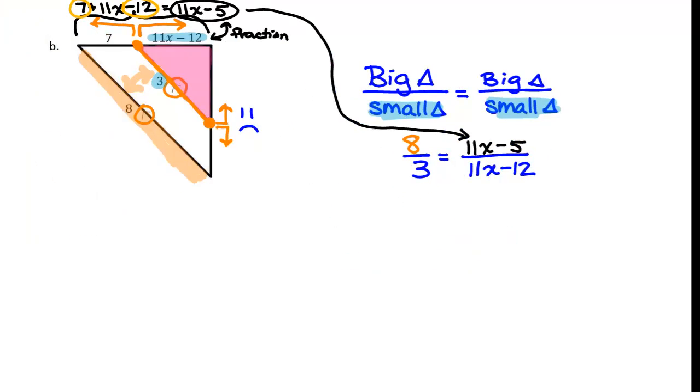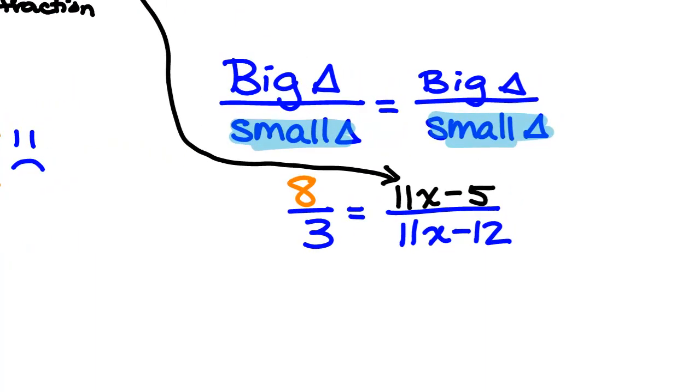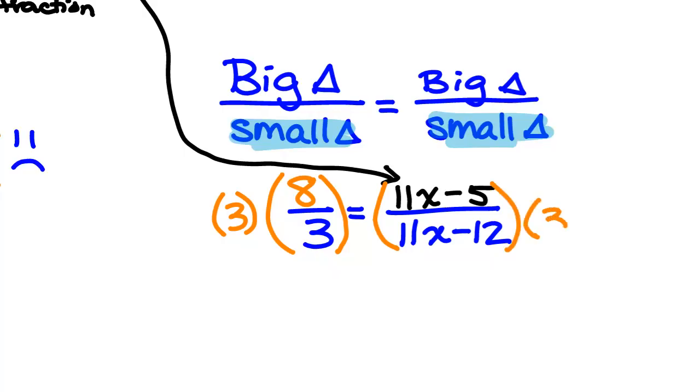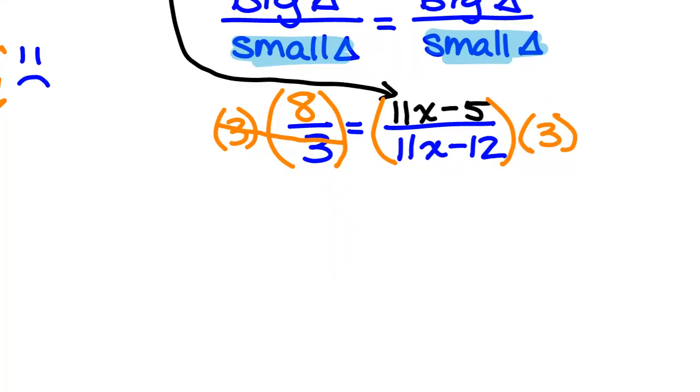So far, so good? All right. We need to get rid of our denominators. Doesn't matter which one I get rid of first. Do you want to get rid of the 3 or the 11x minus 12? 3 sounds good. That's the first one I heard, so I'm going to multiply both sides by 3. Cancels my denominator on the left. So on the left, the only thing I have remaining is an 8.